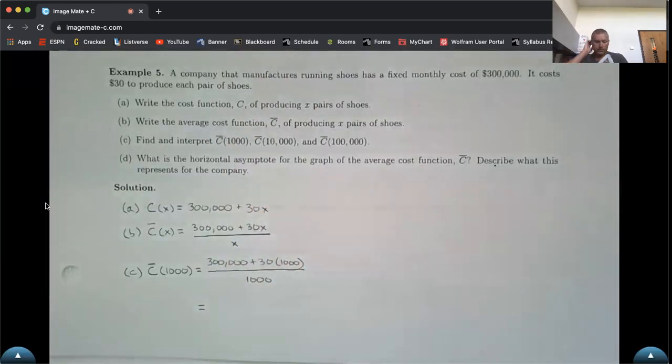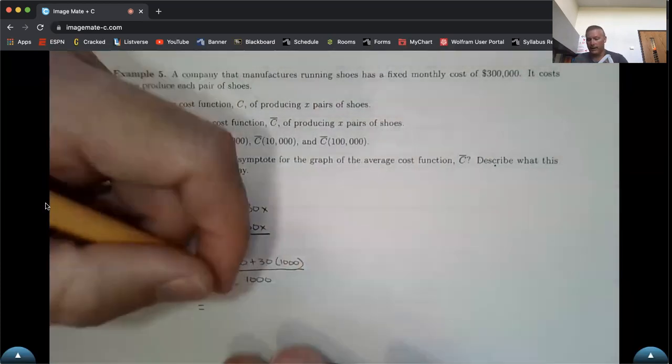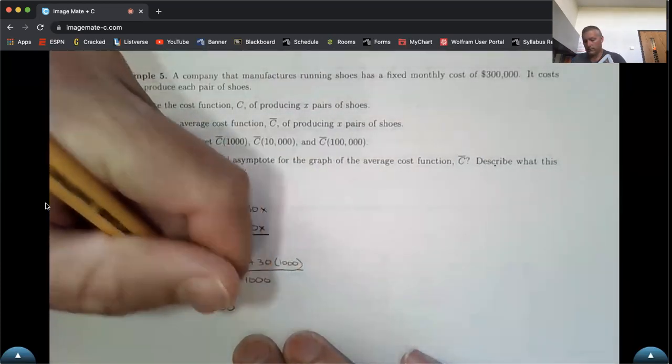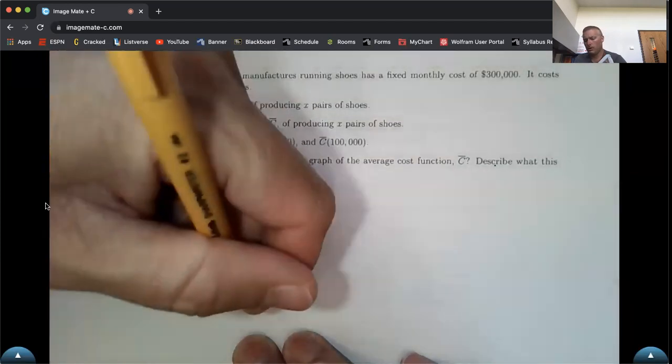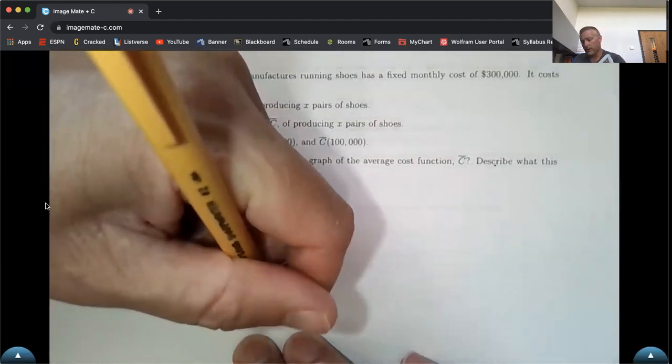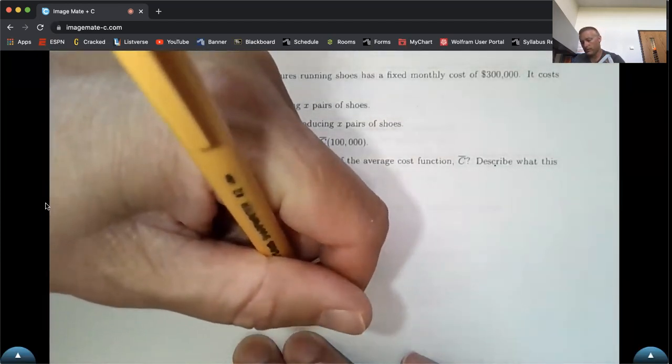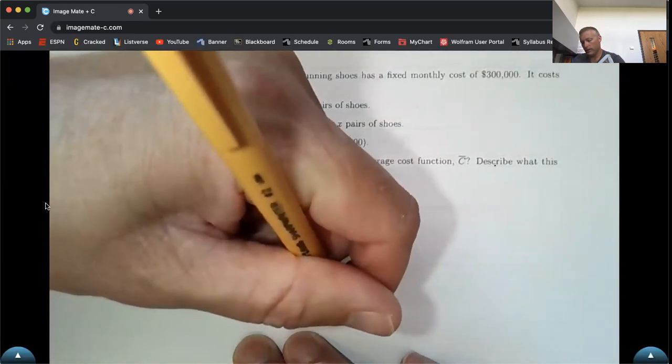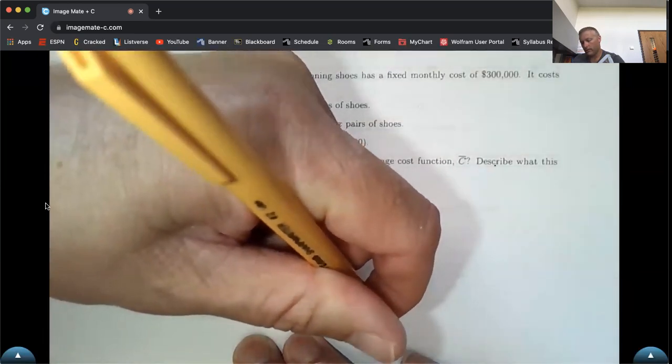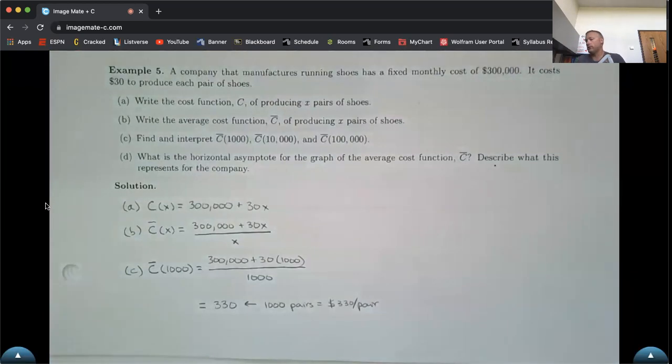And if we simplify that, we get 330. The meaning of this is 1,000 pairs produced equates to $330 per pair. So on average, the cost to produce a pair of shoes, if you produce 1,000, is $330 for each pair.